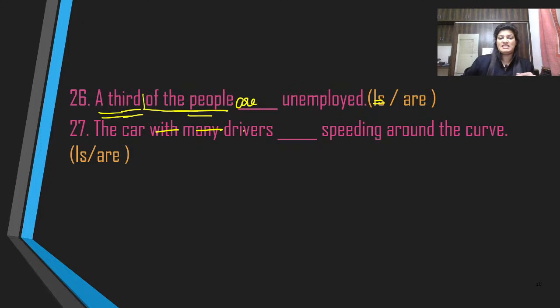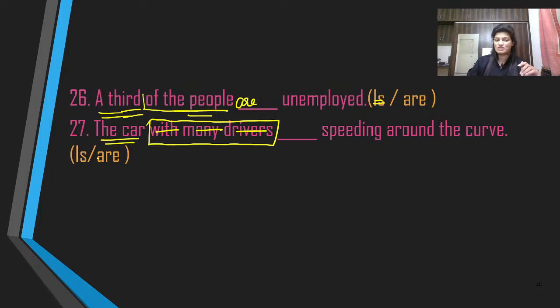With many drivers is a prepositional phrase. Therefore, you ignore it and you only take the car into consideration. Therefore, the answer is is. In a few scenarios, you ignore the prepositional phrase, and in a few scenarios, you take the prepositional phrase into consideration.